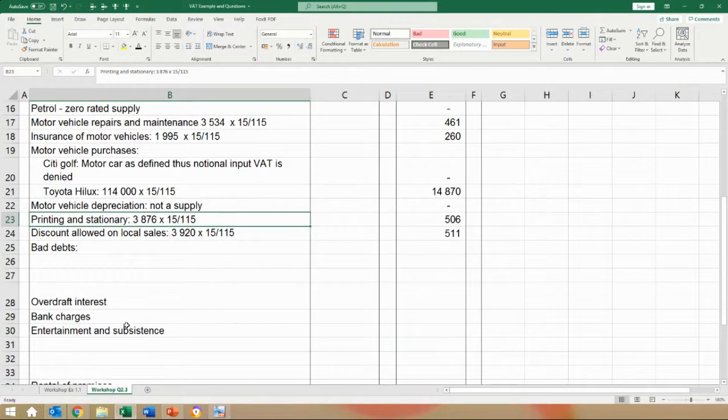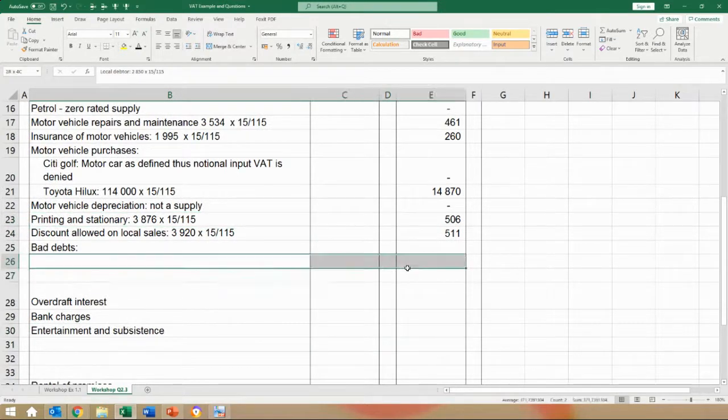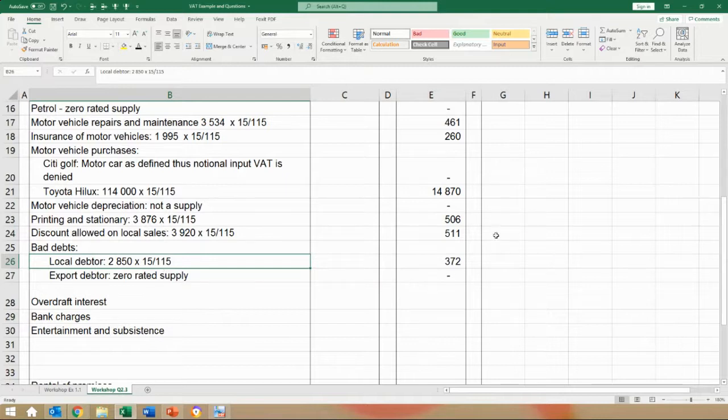Now you have to go split it between your local debtor as well as your foreign debtors or your export debtors. So we take the local debtor, then it is 15 over 115 to get you 372. But then your export debtors is zero rated, which makes this a 0. And then you would receive a mark for each of these. Okay, so it's very important to distinguish between the two to actually get the marks.